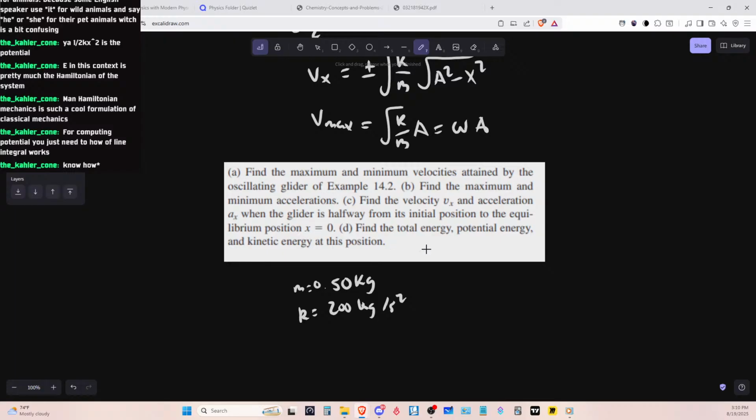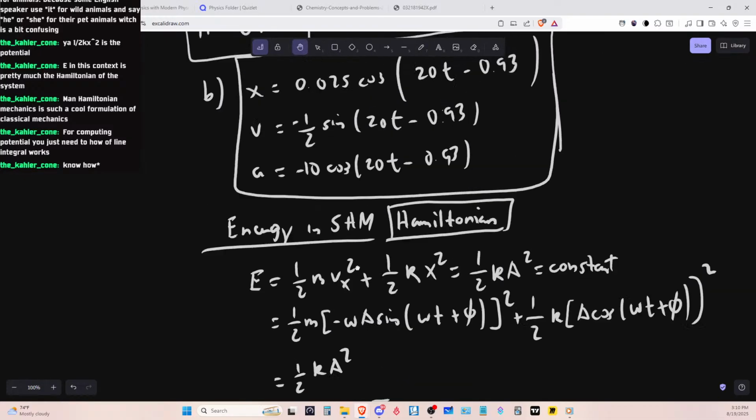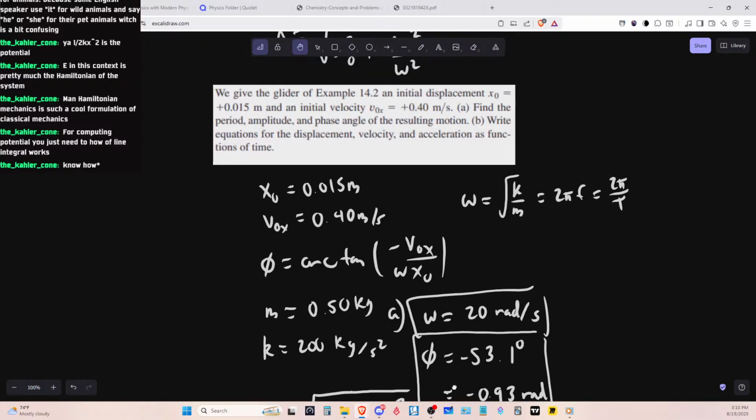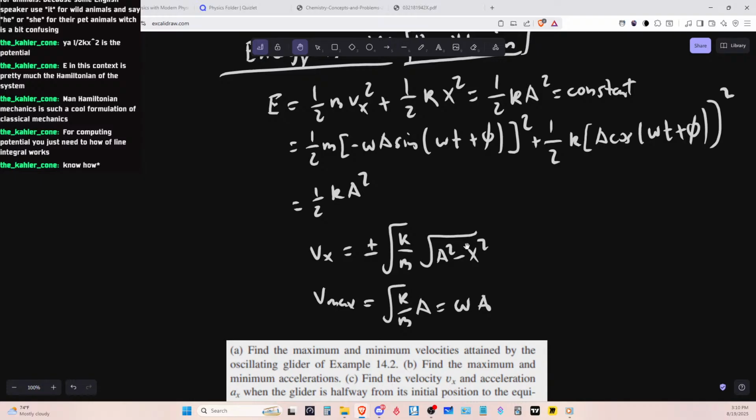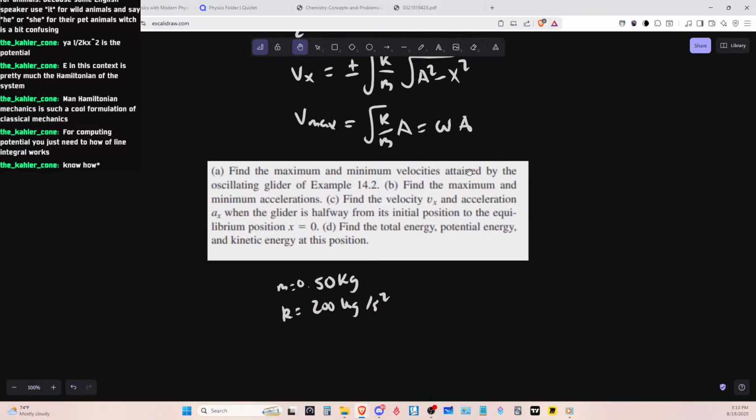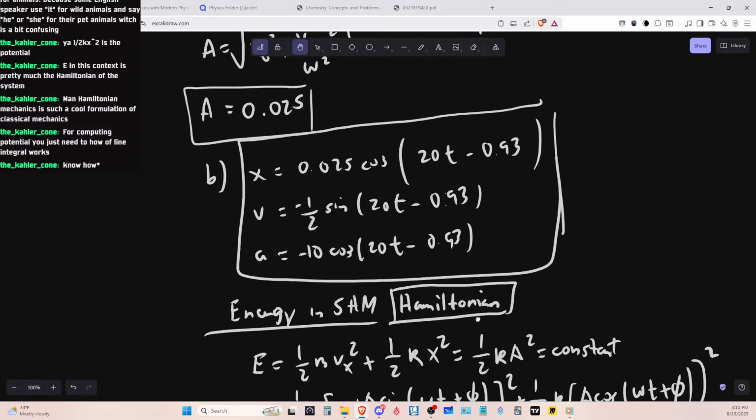Find the total energy and the potential and kinetic energy at this position. Okay, so I think we actually need the distance now. So I think we might need to use these equations here.